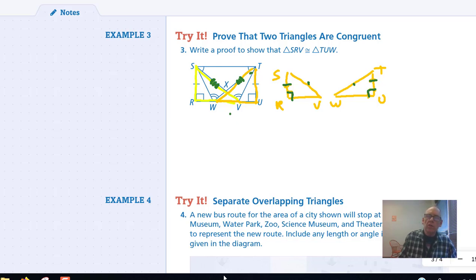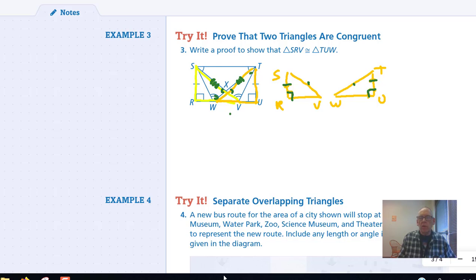Okay, so yeah, here we have an angle. So we're dealing with this SWX triangle here. This is an angle. This is an angle. And this angle is going to be congruent to this angle by vertical angles. So this gives us angle, angle, side, and angle, angle, side. So these two little triangles are going to be congruent by angle, angle, side.